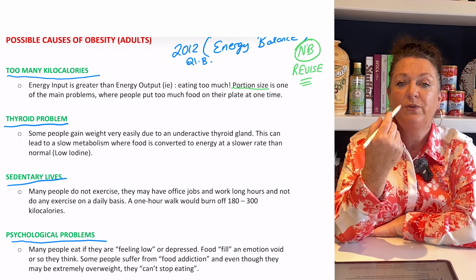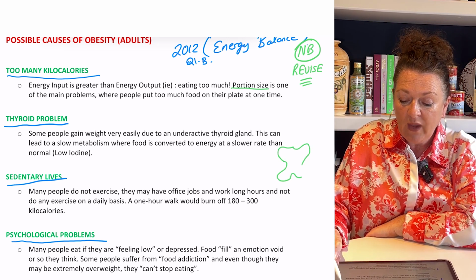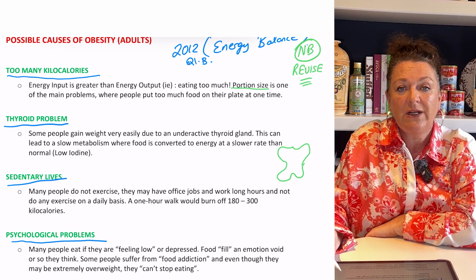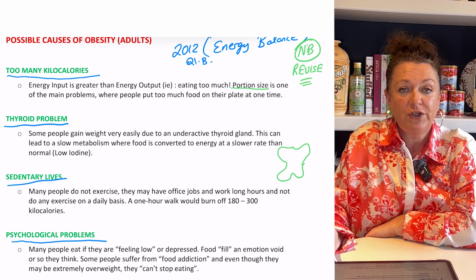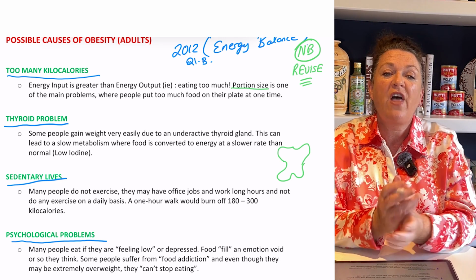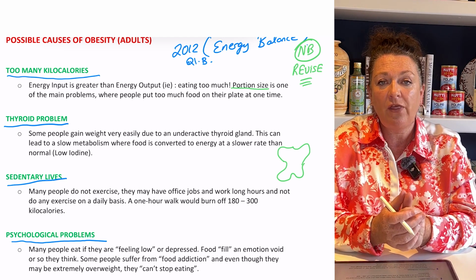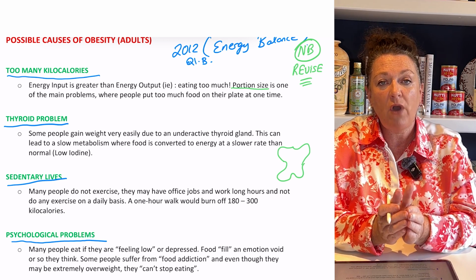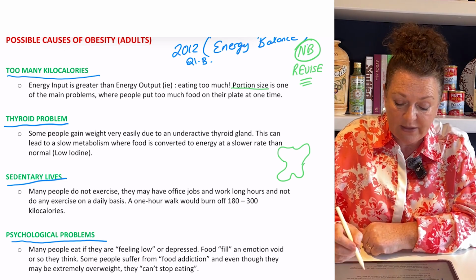Thyroid problem, we said, this butterfly shaped gland in our neck. And in our very first chapter, we said that the thyroid gland controls metabolism. Some people are unfortunate in that they produce too little of a hormone called thyroxine and triiodothyronine, but mainly thyroxine. And as a result of producing too little thyroxine, their thyroid gland is underactive.